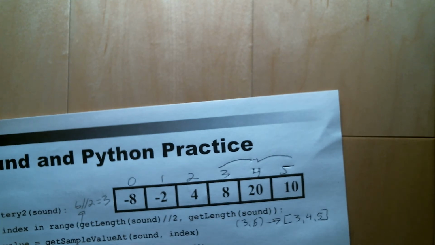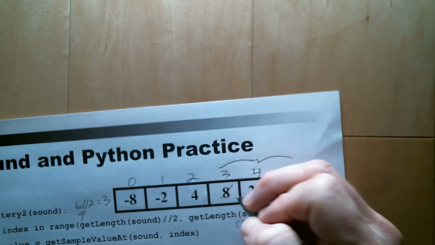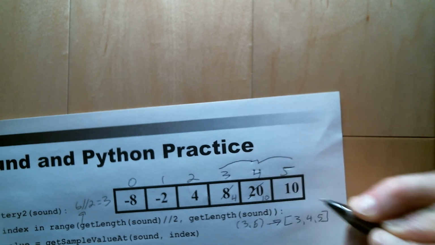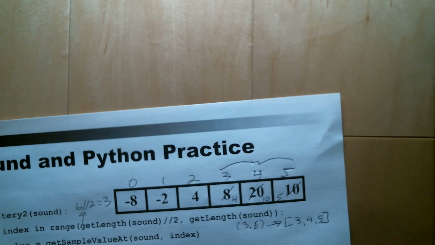All right, and then we're retrieving the sample value, and then we're basically dividing it by 2. So this 8 would become a 4, this 20 would become a 10, and this 10 would become a 5.